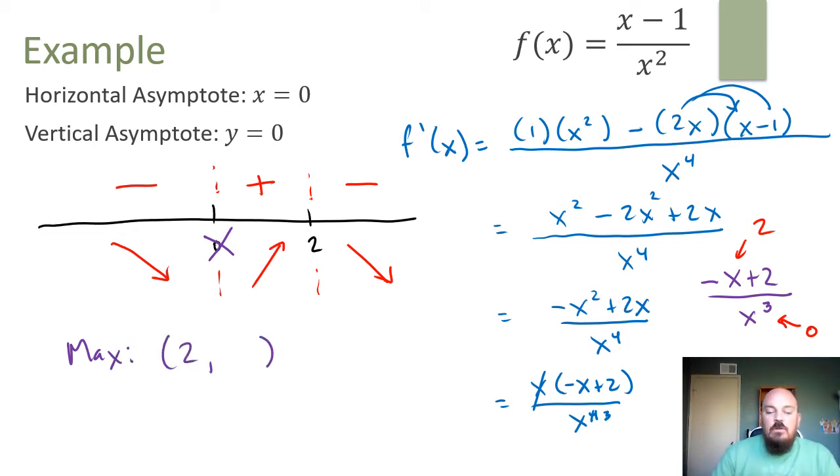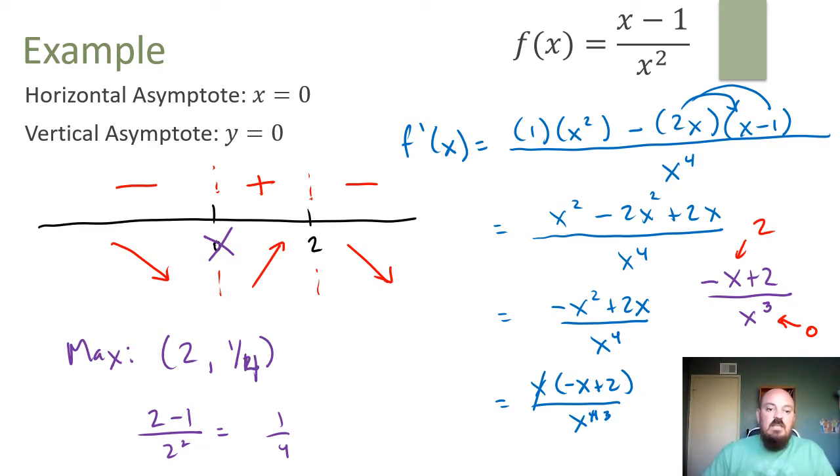And to figure out the value that goes with it, I go back to the original function up in the top right corner there, and I plug in 2. That would be 2 minus 1 over 2 squared, 1/4. So 2 comma 1/4.